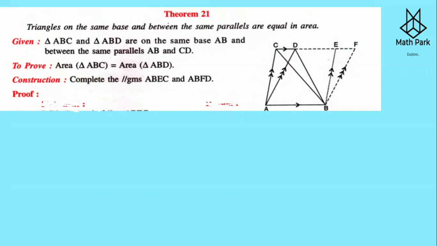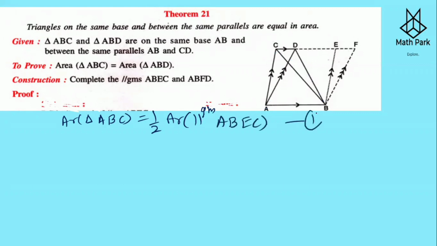In ABEC, you have BC as a diagonal. So we have area of triangle ABC is equal to half the area of parallelogram ABEC, because the diagonal of a parallelogram divides it into two congruent triangles. This is our equation number 1.